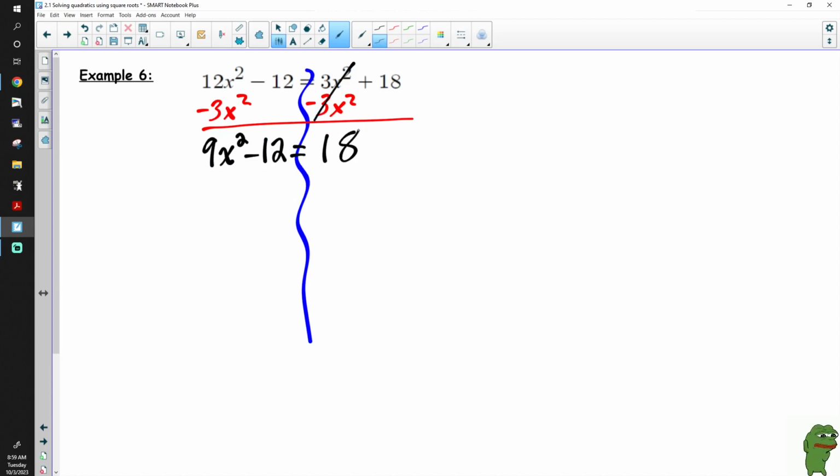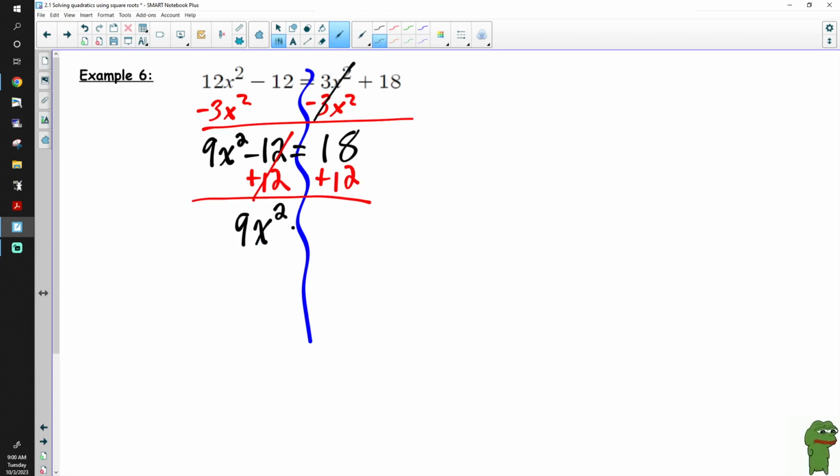Now look, it pretty much looks like how it always looks. What do I do to both sides? I want the x squared by itself. I gotta move these two things. What do I move first? Add 12. I know you did.